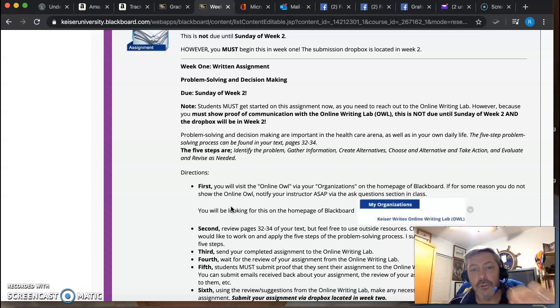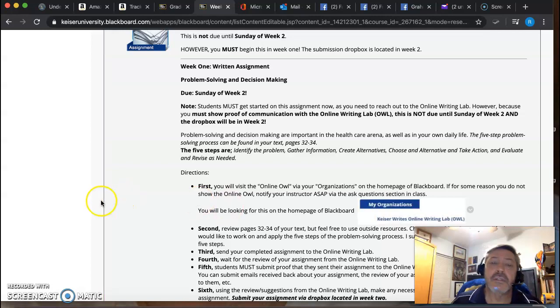Then you choose maybe one or a hybrid of 2 or 3, and that's the plan you're going to take action on. Then to evaluate and revise, you need to tell me how you're going to measure the success of your choice. And if the choice that you make does not work, how are you going to revise that alternative, or are you going to pick something totally different?